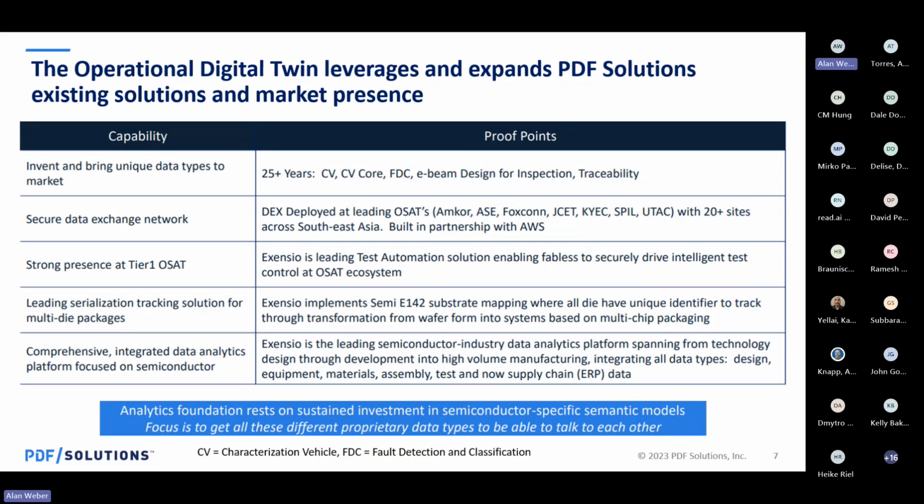But again, PDF Solutions has been in the business of supporting yield prediction and management and fault detection and analysis for decades. In fact, one of the CV in this context stands for characterization vehicle. One of the earliest innovations of PDF Solutions was designing devices that could tell you, and including those devices in either the scribe lines or other parts of the circuit, that could tell you very reliably what the yield was going to be.